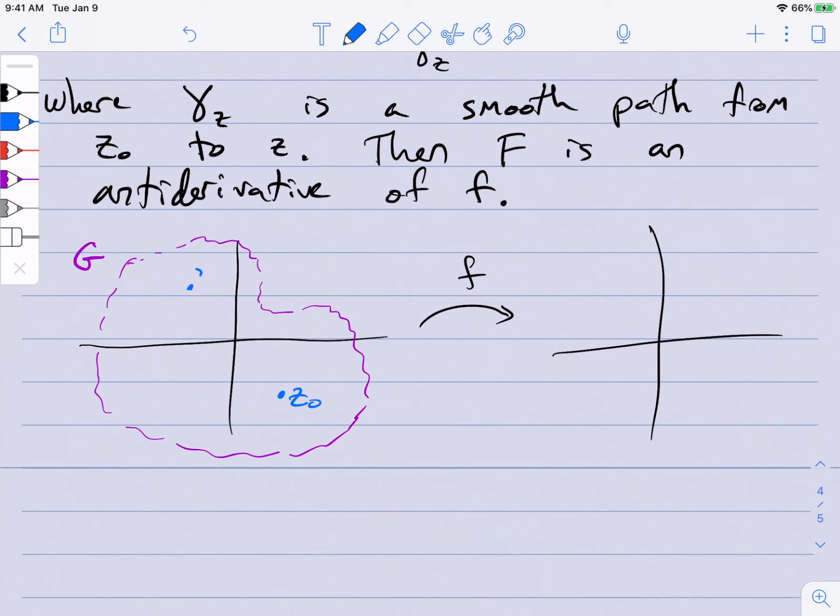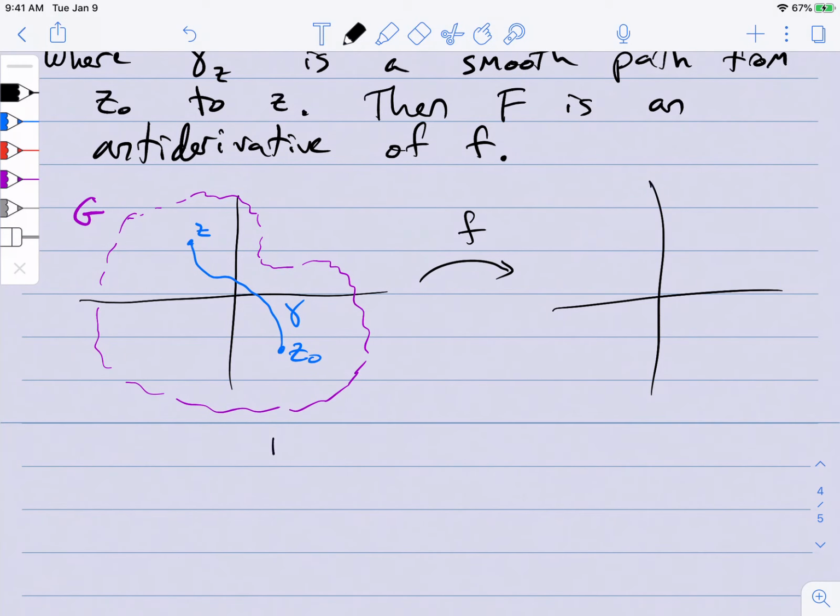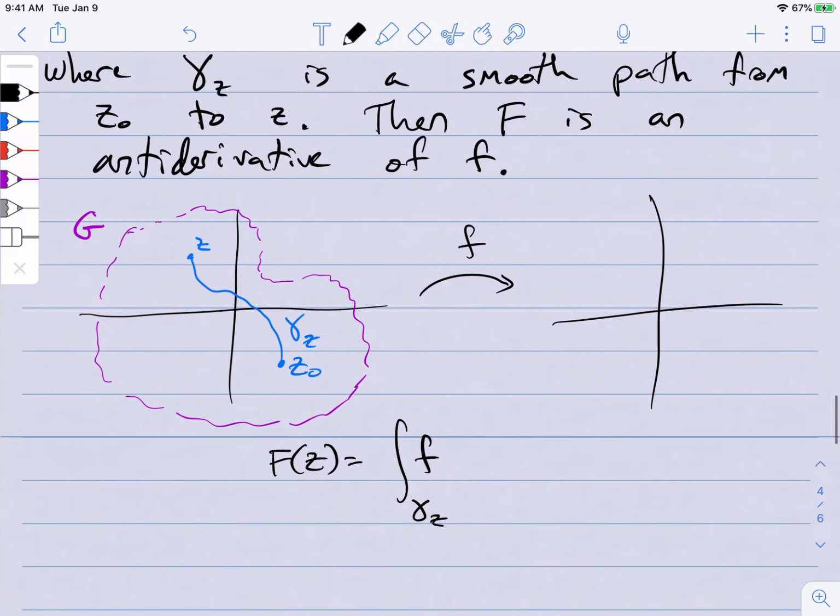The way I define F of z is I draw some path from z0 to z, call this path gamma z, and I define F of z to be the path integral over this path of the function little f.